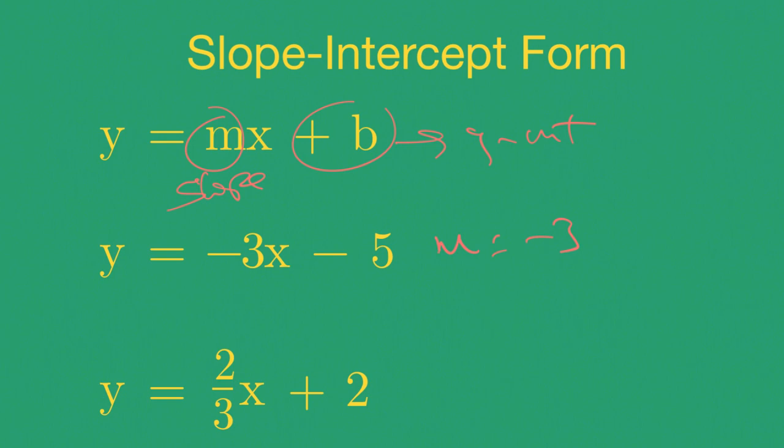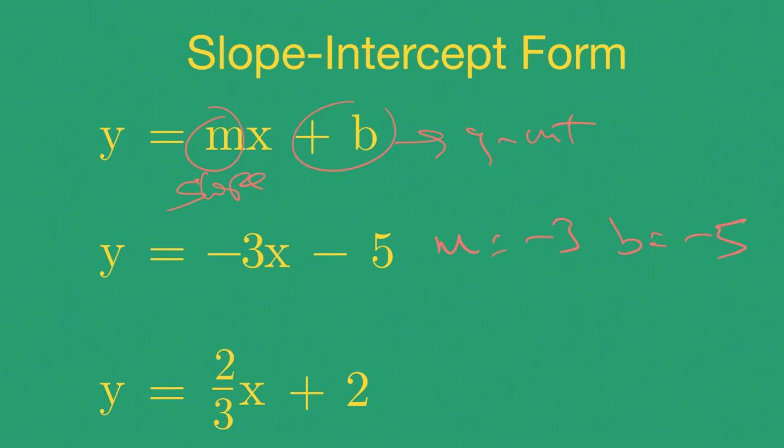The slope is the number in front of the x. That's the coefficient. What is your y-intercept there? Negative 5. Make sure we use that sign in front of the 5. We read that as a minus sign, but that minus sign is making that 5 negative.